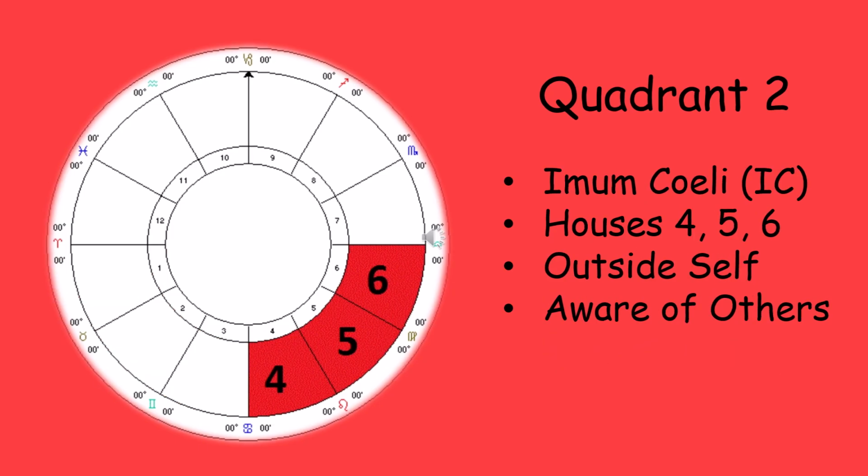The second quadrant begins with the IC and is comprised of houses 4, 5, and 6. With a focus on this quadrant, the individual begins to focus on people and things outside of themselves and to have more awareness of others.